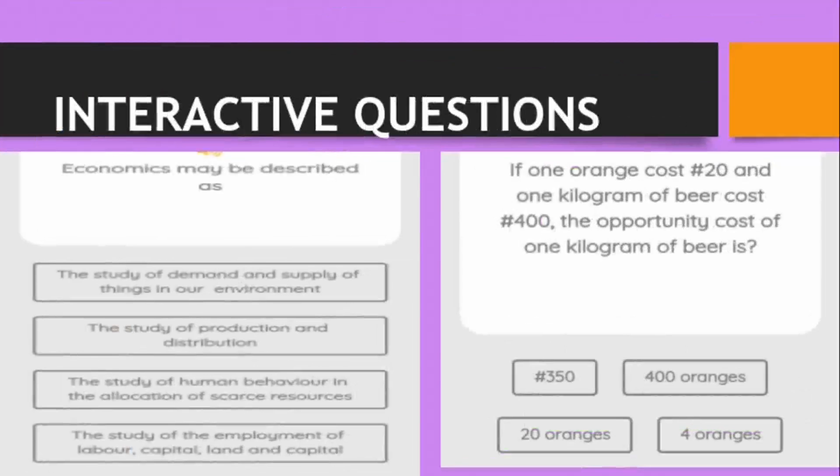What you are going to do here is divide 400 by 20 to know the number of oranges you will get. The options are 350, 400 oranges, 20 oranges, 4 oranges. The answer is 20 oranges.